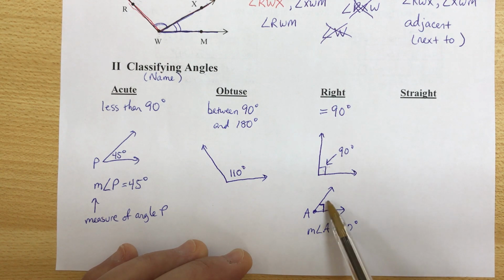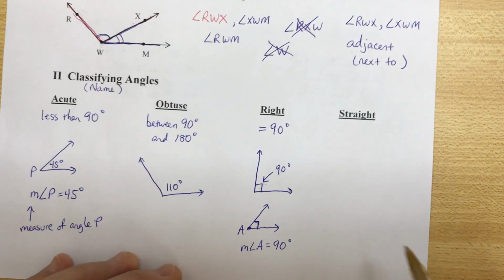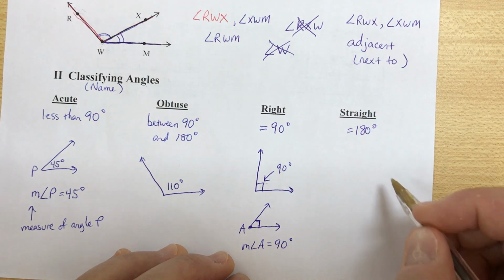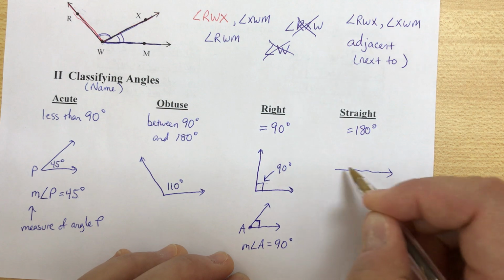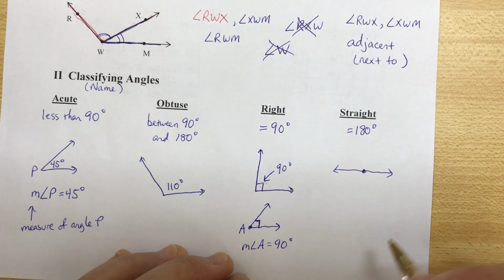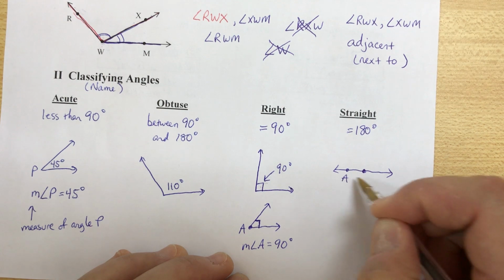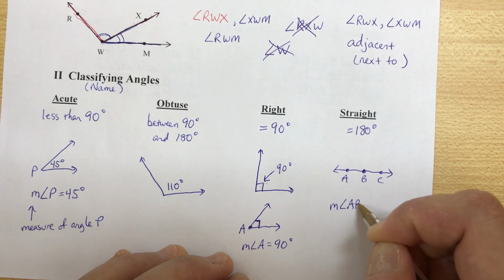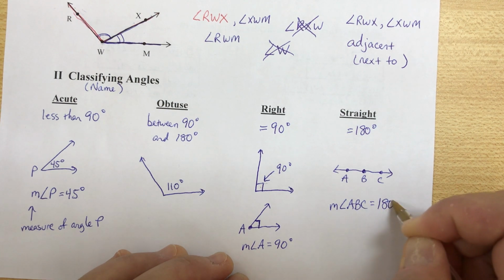So you have to go by what they give you in the picture, the way it's labeled. It doesn't look like 90, but according to this picture it is. And then the last one, a straight angle is equal to 180 degrees. A straight angle is basically a straight line. If I put some points on here, A, B, C, the measure of angle ABC is equal to 180.